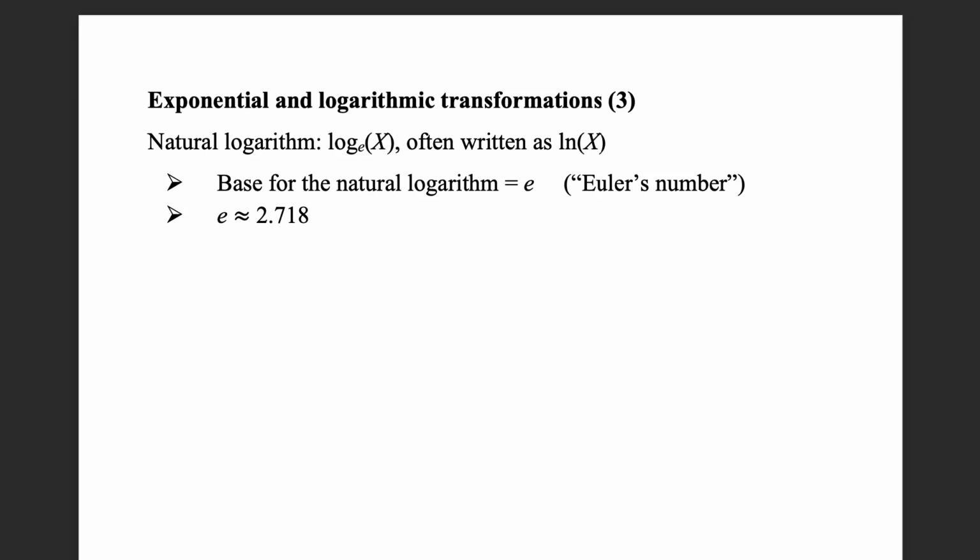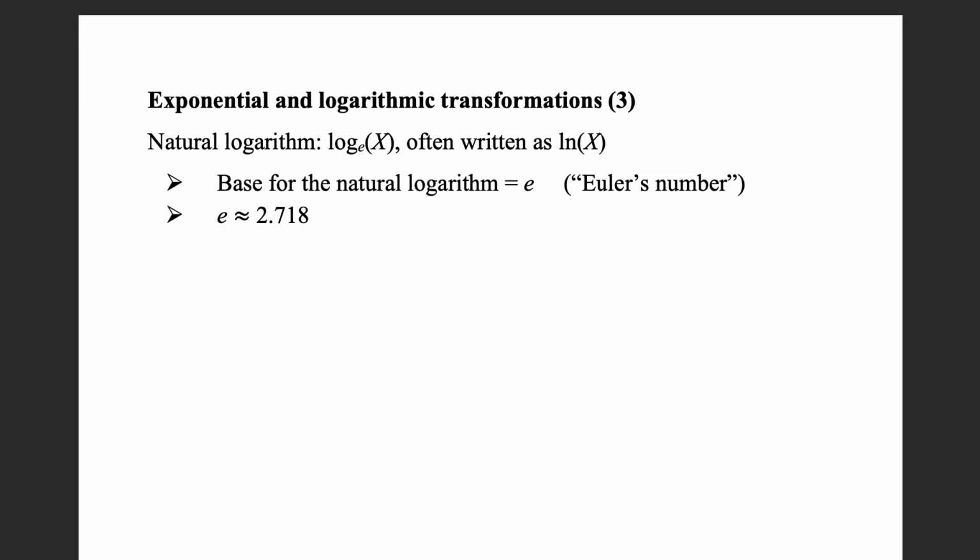It works out to roughly 2.718, and then lots and lots more numbers behind the comma. But this is the number that we use when we use a natural logarithm. Now, you don't need to worry about why we use this specific number, at least not for this course.